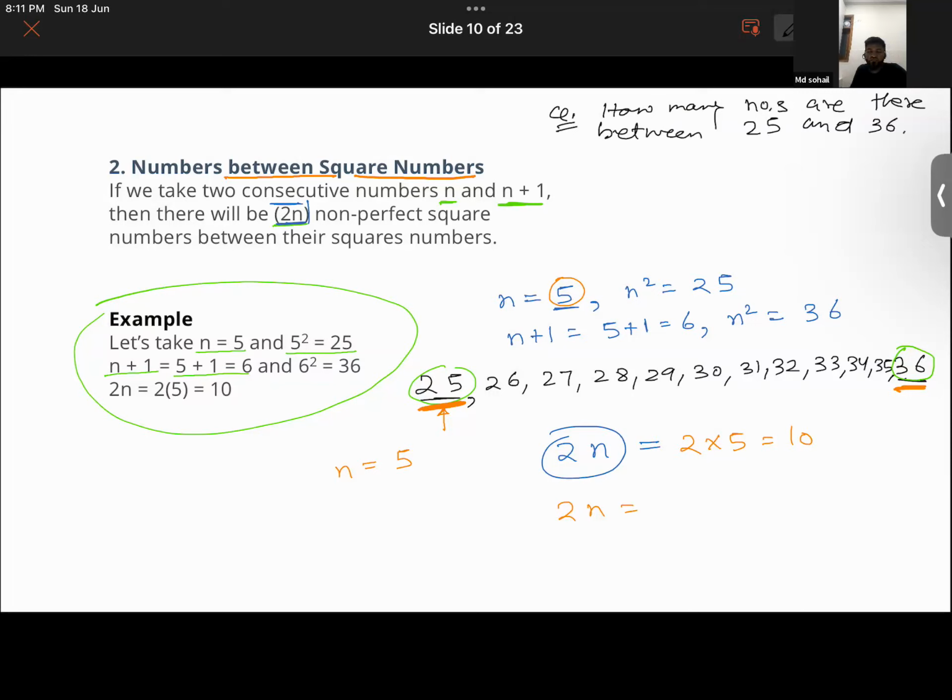This is your question. One way is to simply write down the numbers, 26, 27, 28, 29, 30, 31, 32, 33, 34, 35, and just count them and give the answer.